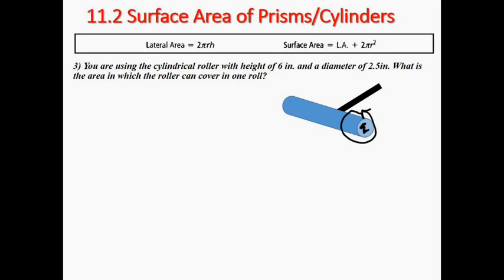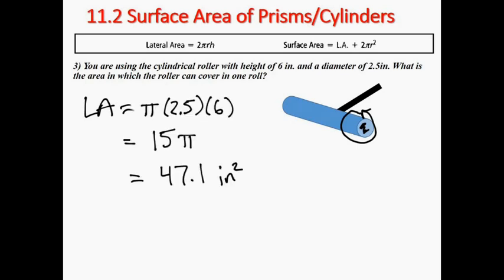So that means you're looking for just your lateral area. So solve for lateral area. The lateral area for this problem is found by taking pi times, in this case, the diameter times the height of the cylinder. So pi times 2.5 times 6 gives you 15 pi, or 47.1 inches squared.